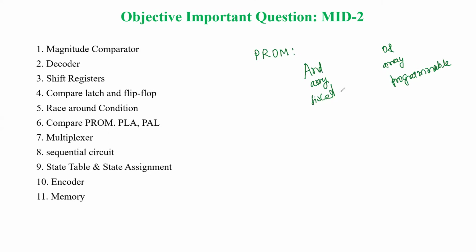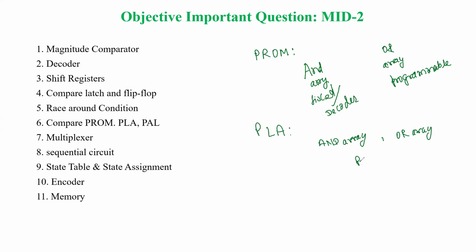Here you can have either an AND array or a decoder also in the first stage in case of PROM. Similarly, if you talk about the PLA, PLA is what? Programmable logic array. Here the AND array as well as the OR array, both are programmable.